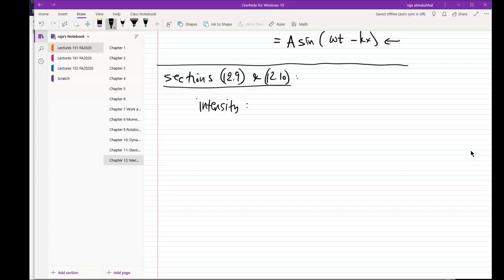Now, what does loudness depend on? Think about this for a minute. Well, it depends on how close you are to the sound source. Make sense? For example, I could be a mile away from the siren of an ambulance and I can hear it, but it's not going to hurt my hearing because I'm really far away from it.